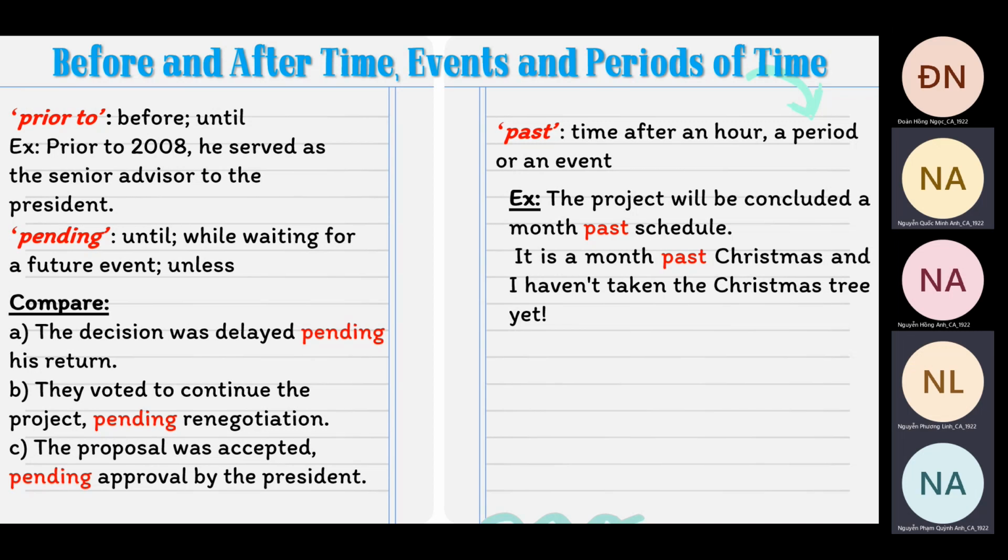And we have past, which means time after an hour, period or event. For example, the project will be concluded a month past schedule, or it is a month past Christmas and I haven't taken the Christmas tree down yet.